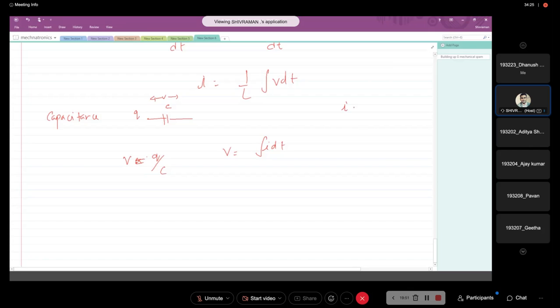Basically current is the rate of change of charge, so V is equal to 1 by C integral of I dt. So this is your other equation.